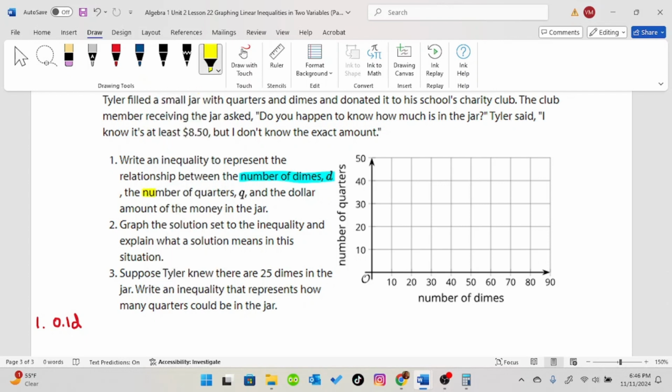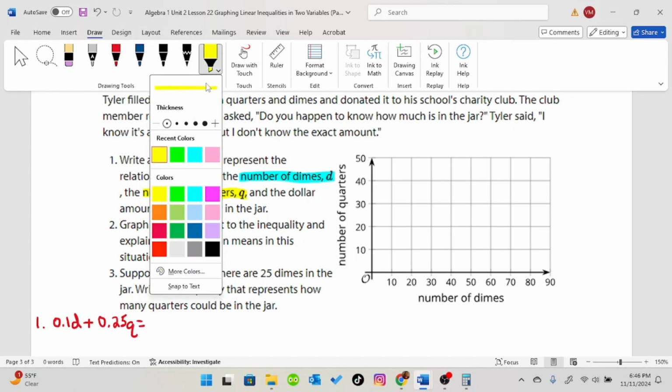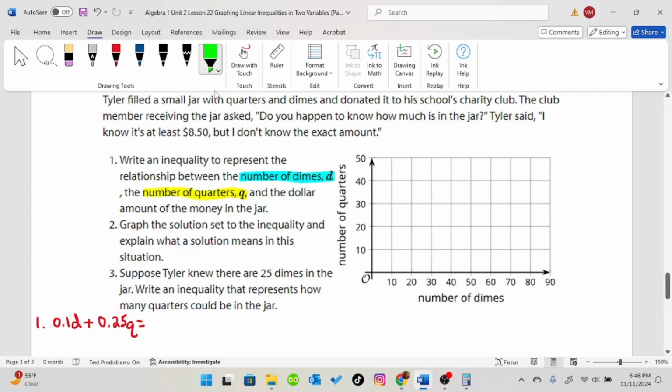The number of quarters is represented by Q, and quarters are 25 cents, so we have 0.25 times Q. And we know that Tyler said it's at least $8.50.